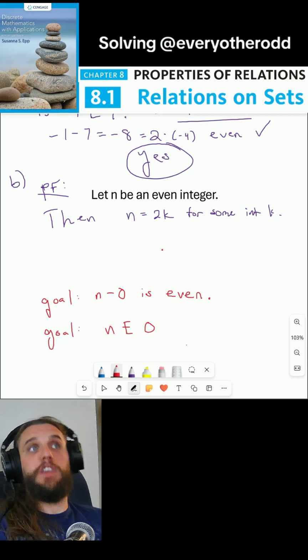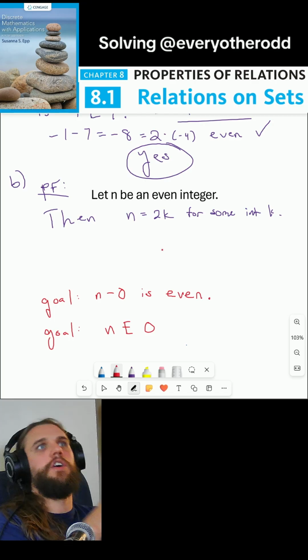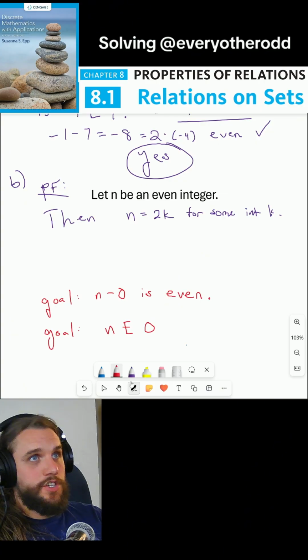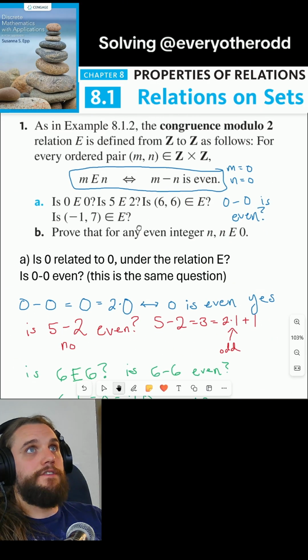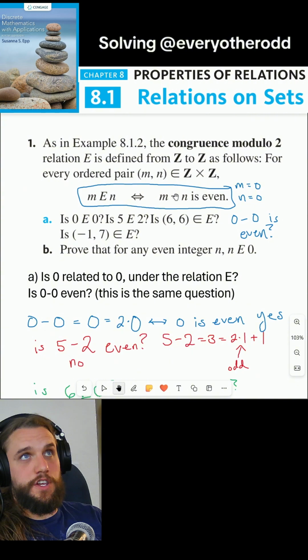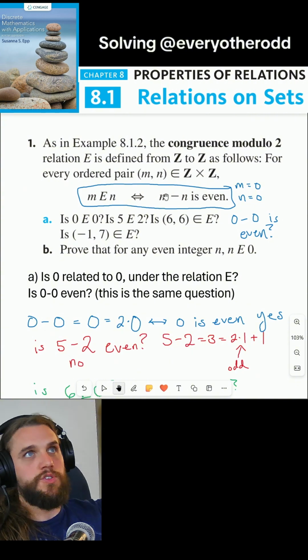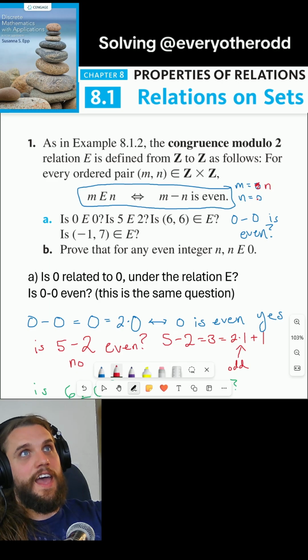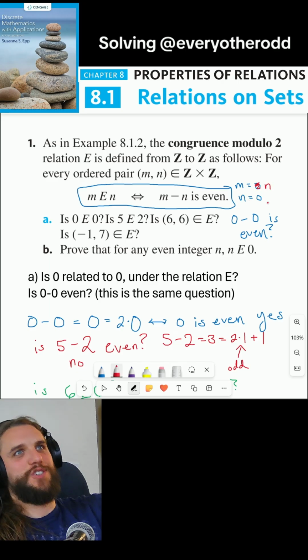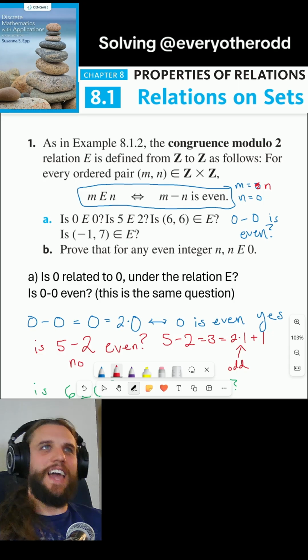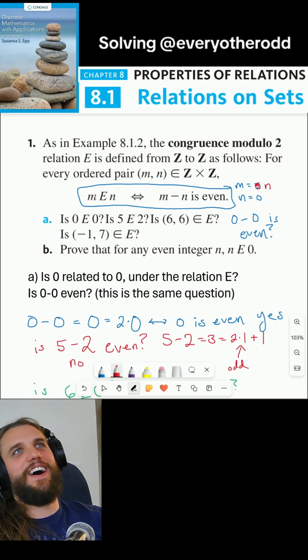By the definition of relation, n is related to 0 if and only if m minus n is even, which in this case is n minus 0, since we're using m equals n, and n equals 0. I know that's a little weird because we're kind of reusing letters here. In both the definition and part B, this n is not the same as that n.